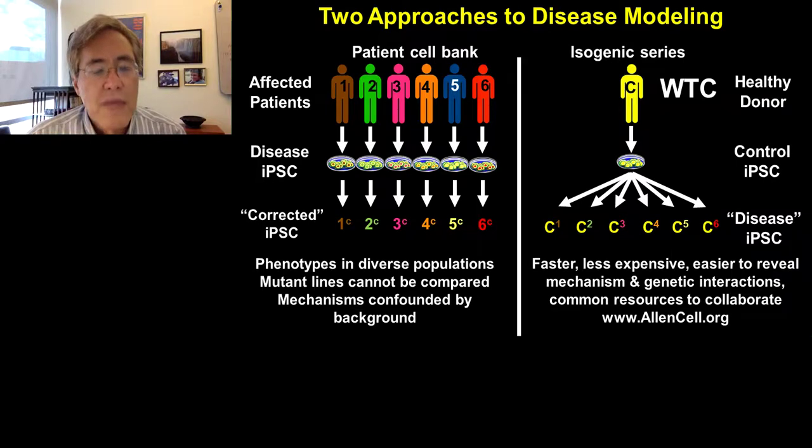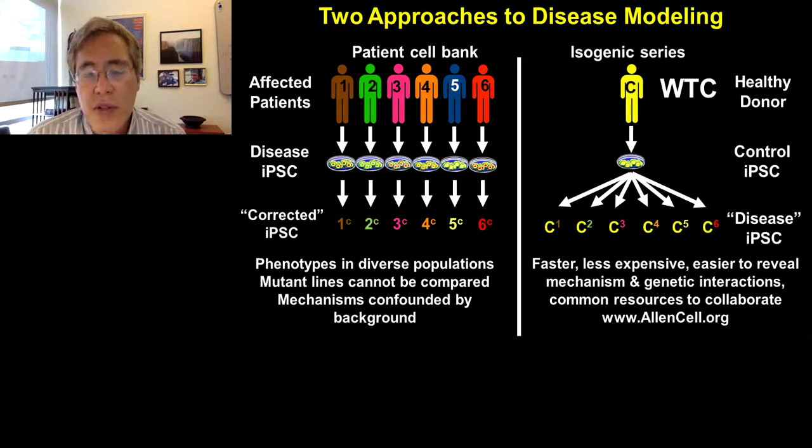However, because they come from diverse populations, the mutant lines, even if they're, say, variants of mutants in the exact same gene, can't be compared directly to each other because they have different genetic backgrounds. In contrast, one can make an isogenic series, as illustrated on the right, with this WTC listed.